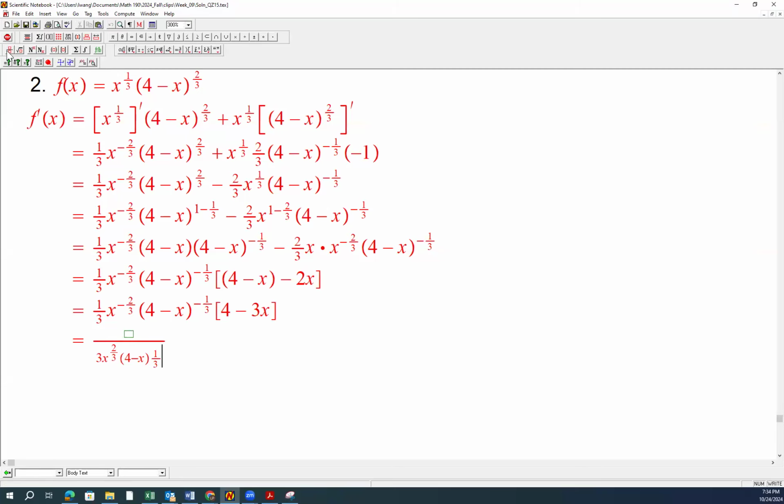So we convert all the negative exponents to positive exponents, which are going to be in the denominator. So the top would just be 4 minus 3x. Okay? Now is the moment we're going to determine the domain and the critical numbers.